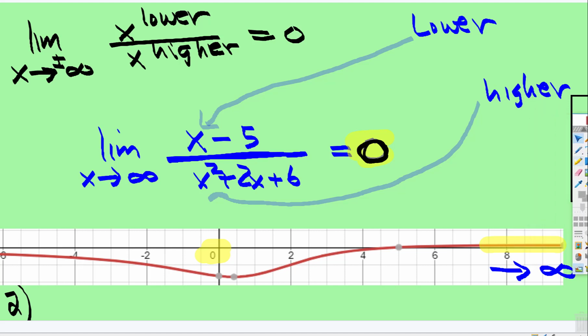What you have to pay attention to is what the y's are doing as we head off to infinity. Well, we're getting really, really close to 0 without ever touching it. That's what the height is doing. The height is getting very close to 0.